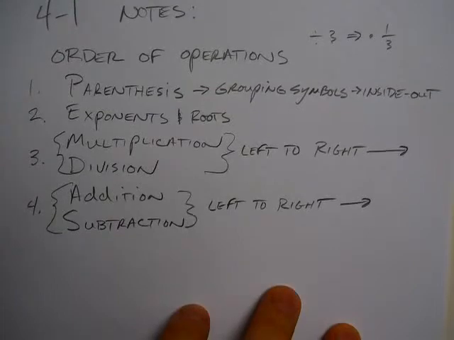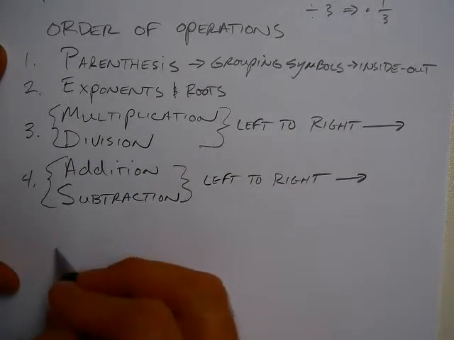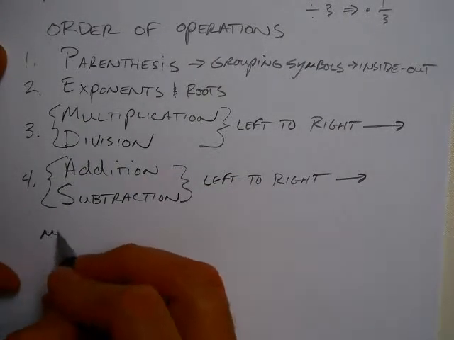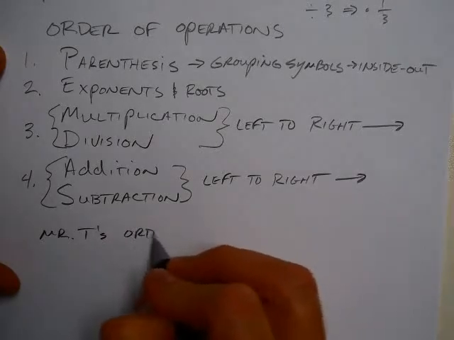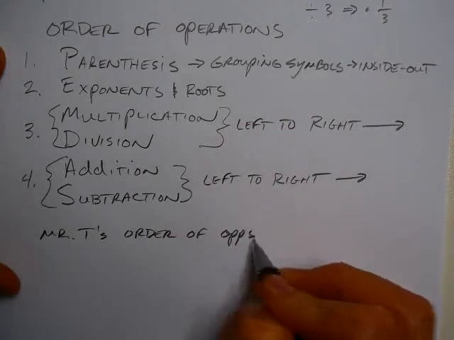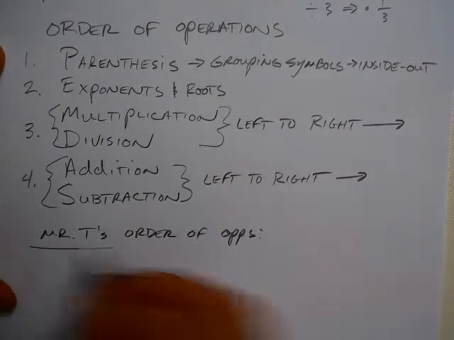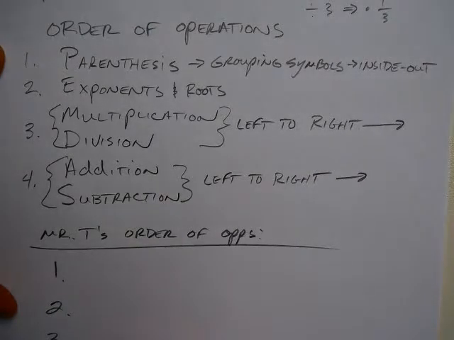So here's the thing. I'm not that big on words, although I do like please excuse my dear Aunt Sally. I look at it like this. This is Mr. T's order of operations. I think of it as 1, 2, 3, 4.